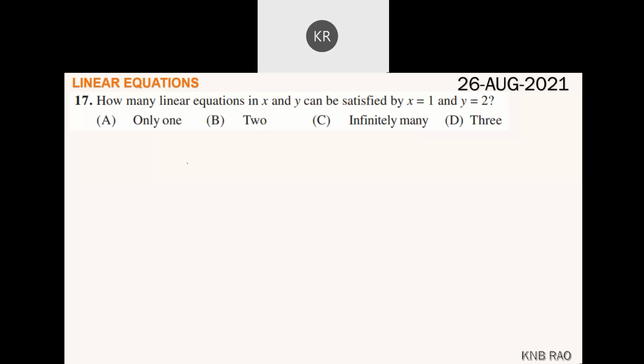See, children, x equals 1 and y equals 2 means we have a point (1, 2). Through which, how many lines can pass? Geometrically, you can draw infinitely many lines. For each line, there will be a corresponding linear equation.